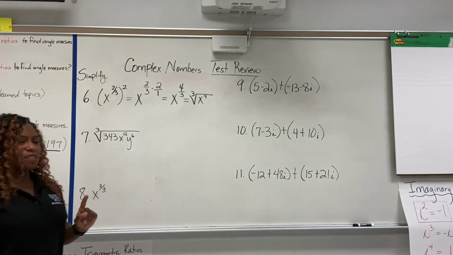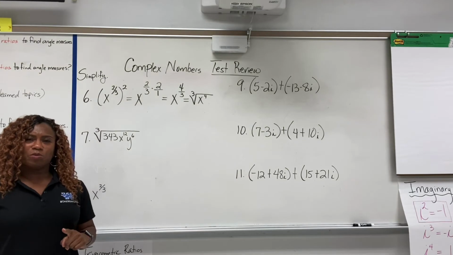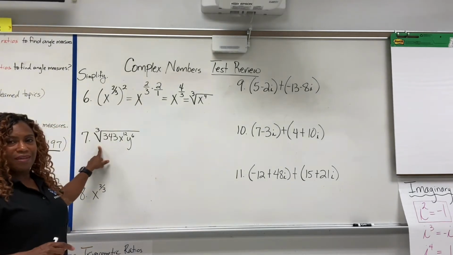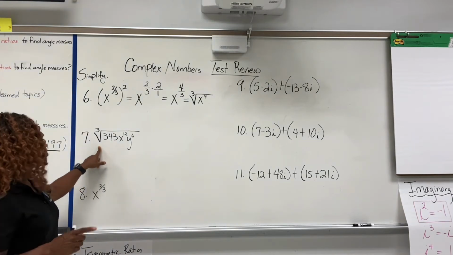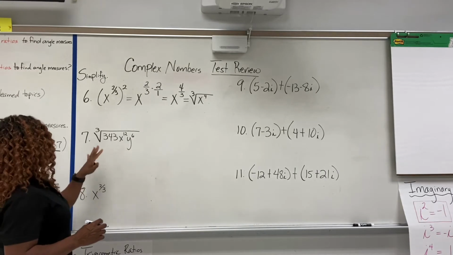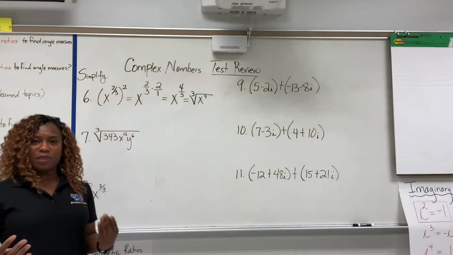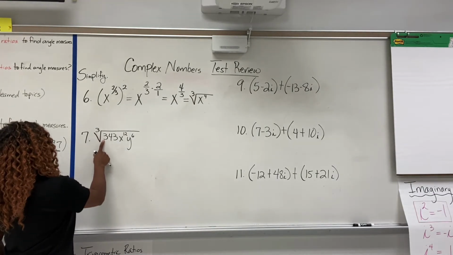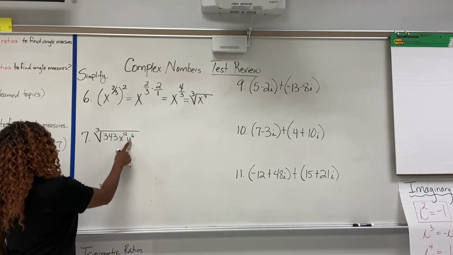Number 7, this is a problem that may take you back to Algebra 1, Unit 1, because we did simplify radicals in that unit. But that's been a couple of years ago. So let's look at how we're gonna work this problem. Now what I wanna do, the easiest way to explain it, is to break it apart. Notice this says the cube root of 343, x to the 12, y to the 6.